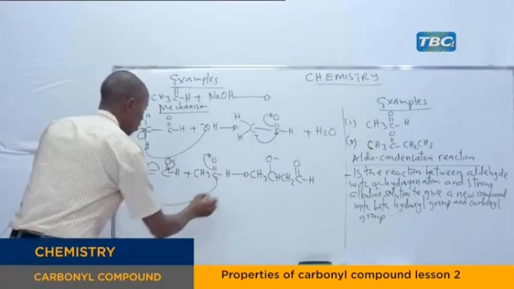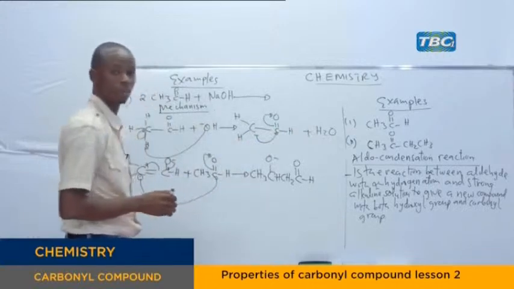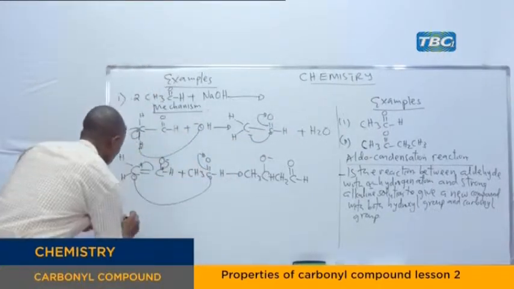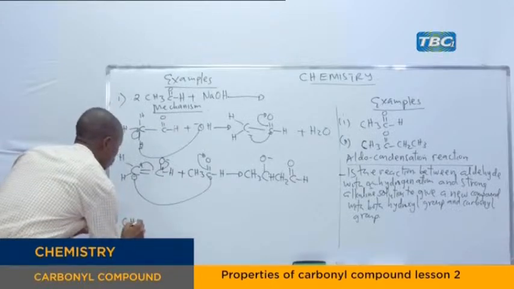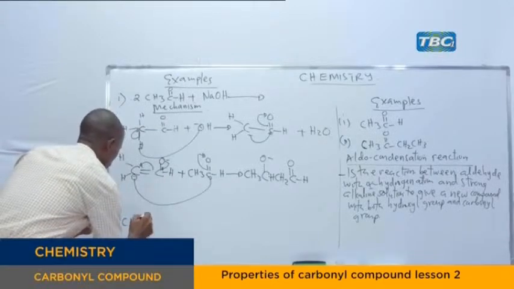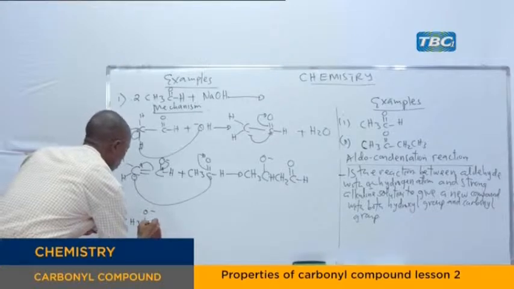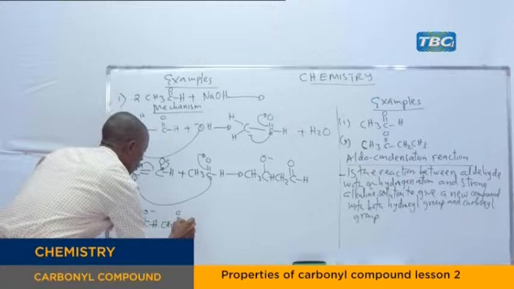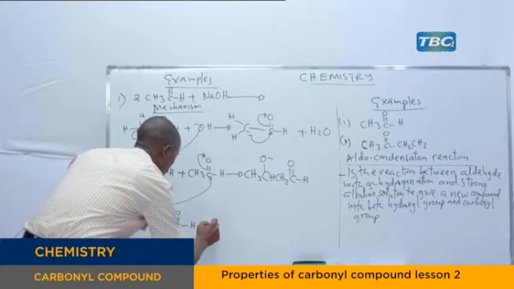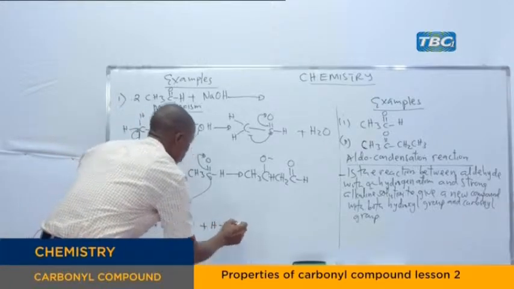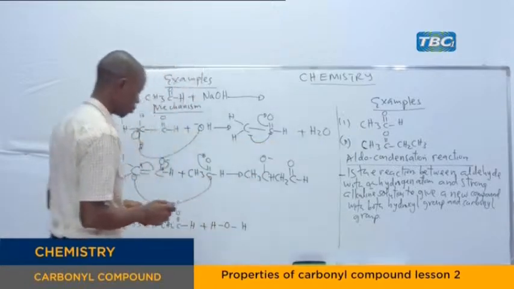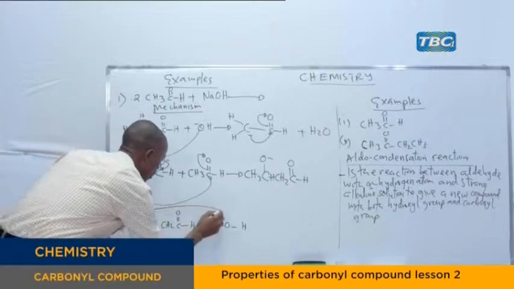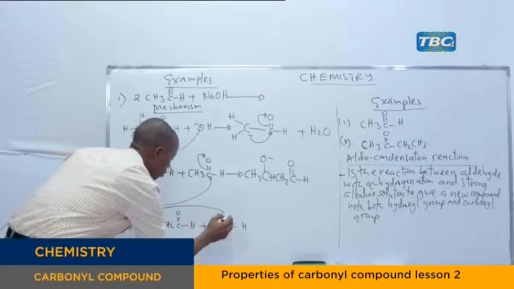Now from there, the water which is formed will act as an acid by donating a proton here. Therefore, this one will attack this proton and the electron moves that way.